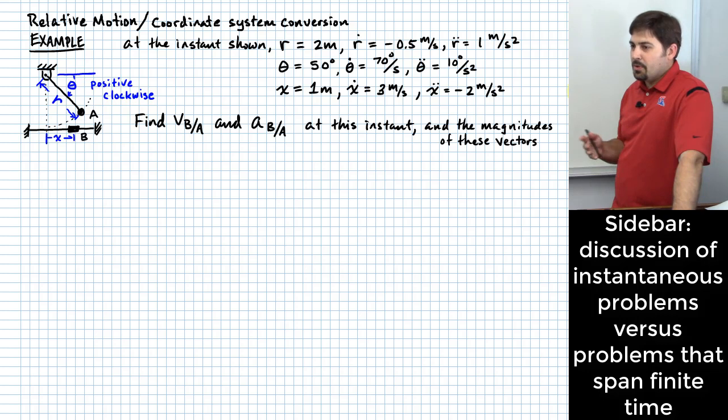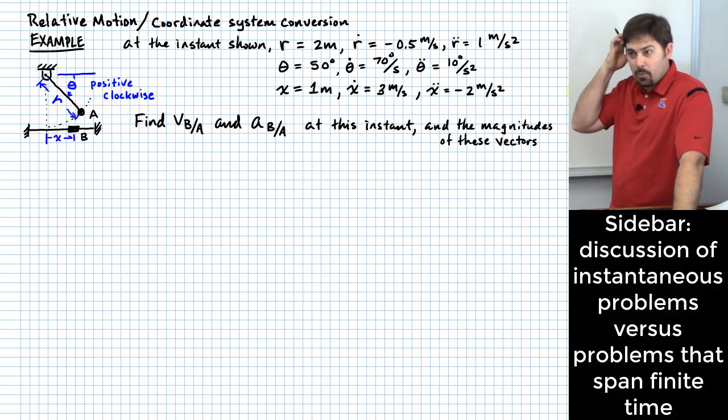What you can do with that is imagine taking a snapshot right then, so you don't have to think about how it moves from there. You can take the position it's in, the velocity at that position at that time, and just analyze that one instant of time.